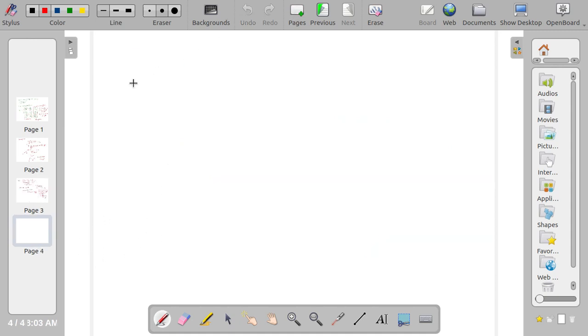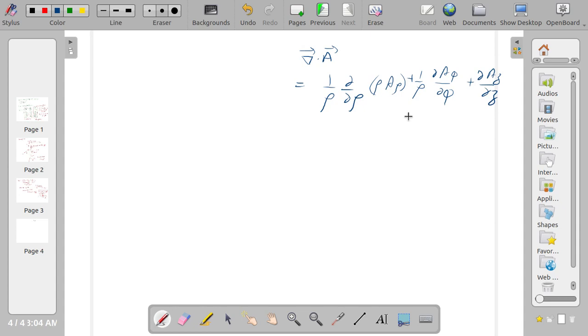Now let us consider the cylindrical coordinates for divergence. I will use that. If we have cylindrical coordinates for a certain field A, then the divergence can be written as 1 by rho curly over curly rho of rho A rho, plus 1 by rho curly A phi over curly phi, plus curly A z over curly z.